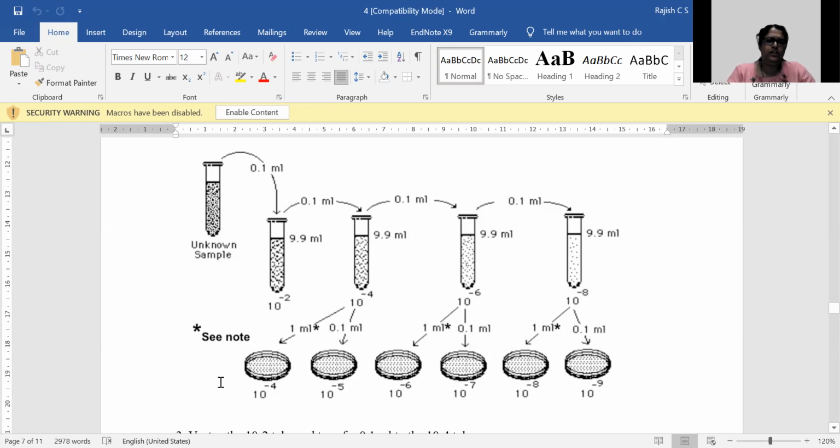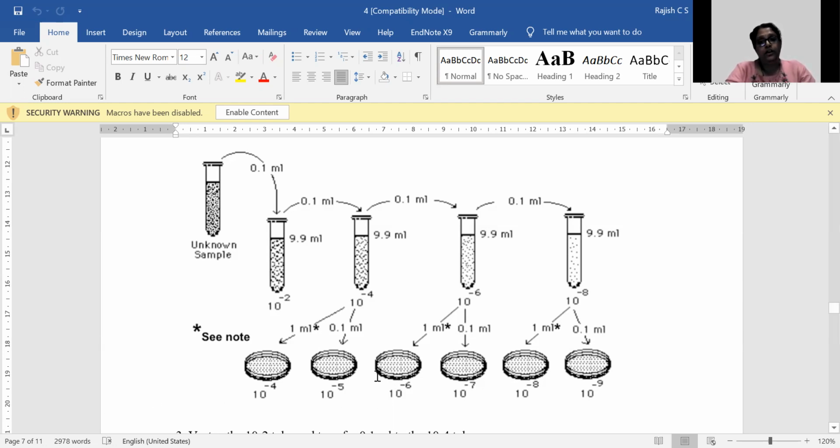Why are you not using the original sample, or the 10 power minus 1 or 10 power minus 2 or even 10 power minus 3? Because you are using soil, and soil as such has got a huge microbial population. The expected count will be a minimum of 10 to the power 7 cells per gram of soil. So that will be the minimum expected.